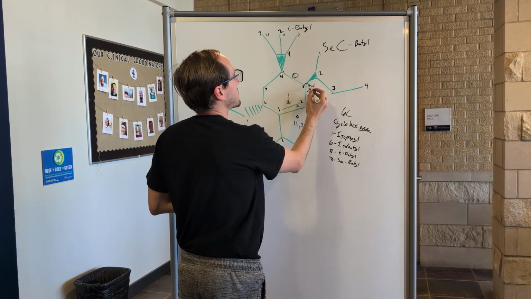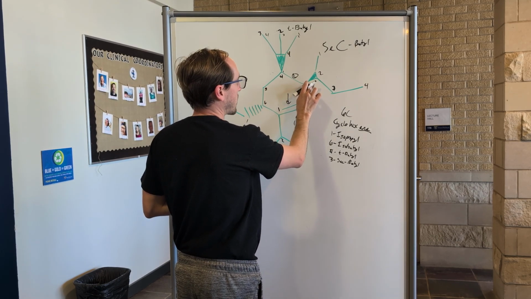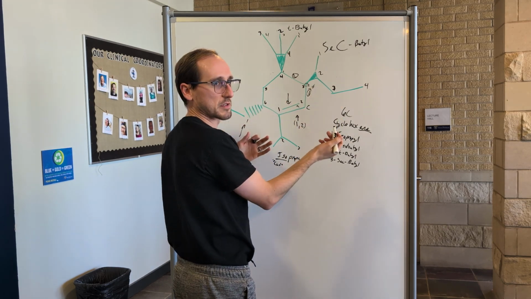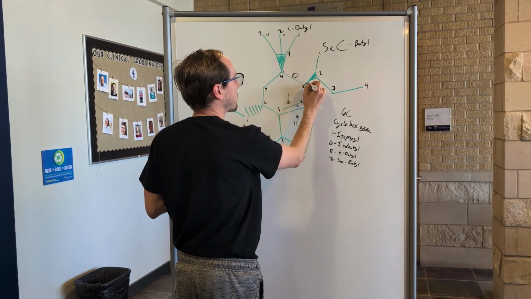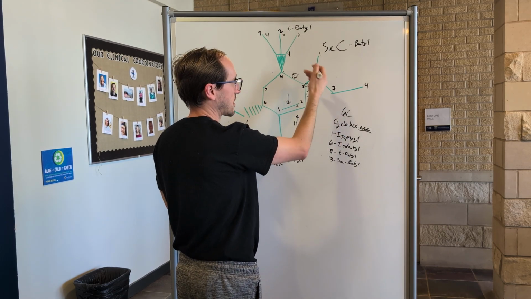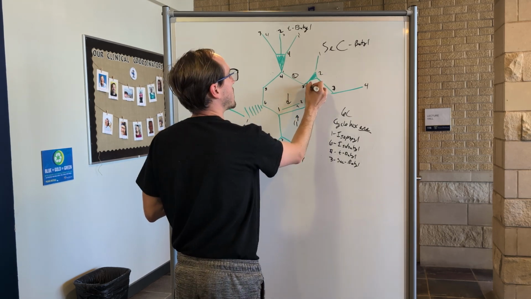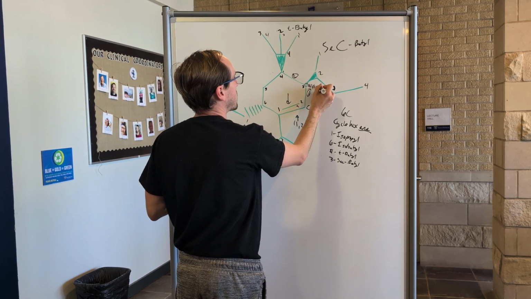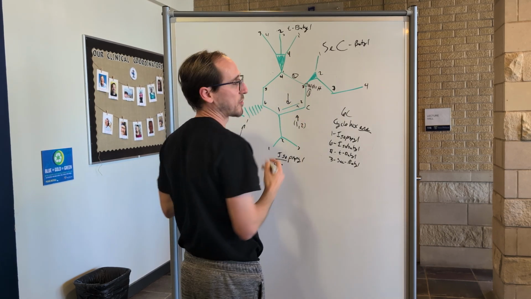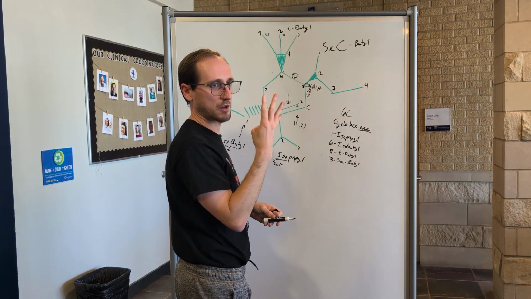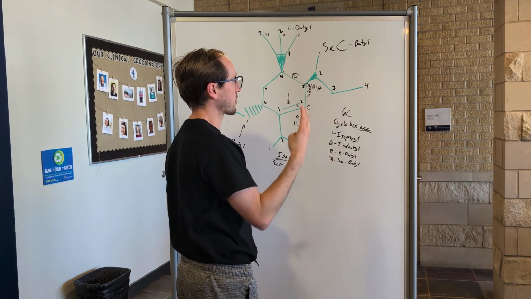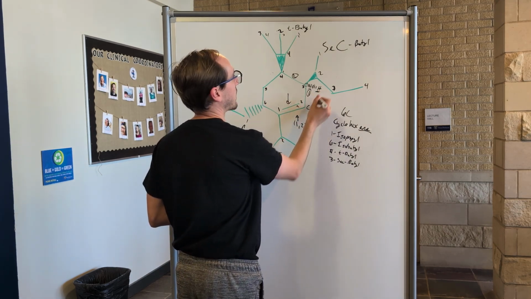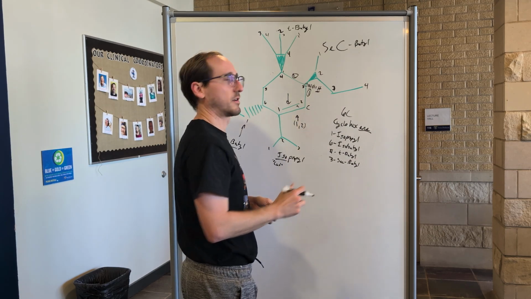Next, there's not a fourth bond drawn for this stereocenter. If there's not something drawn in, try to draw it in. We know that because there's 1, 2, 3 bonds to this carbon, and carbon always likes to have 4 bonds, that fourth one is gonna be a hydrogen, right?